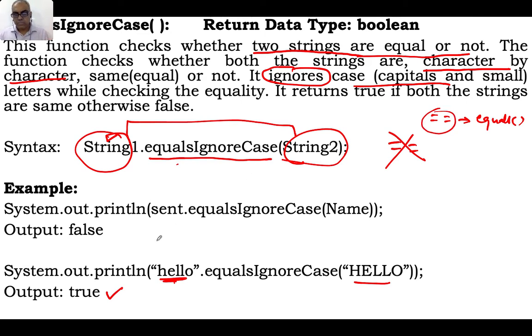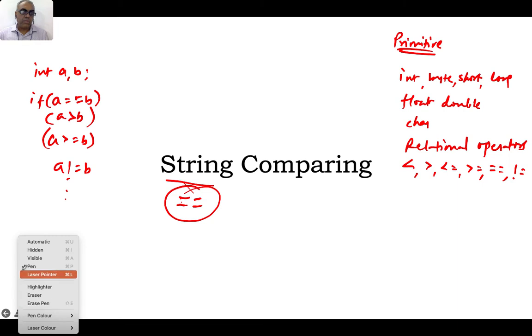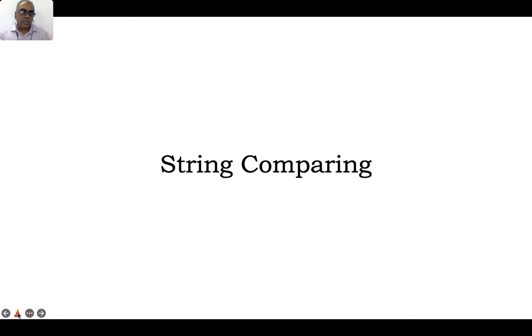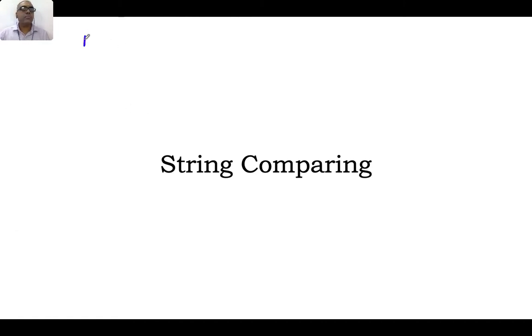For example, I'm going back here and I'm going to show you a simple example. One of the very famous questions that we all must have come across is called palindrome. Palindrome string.